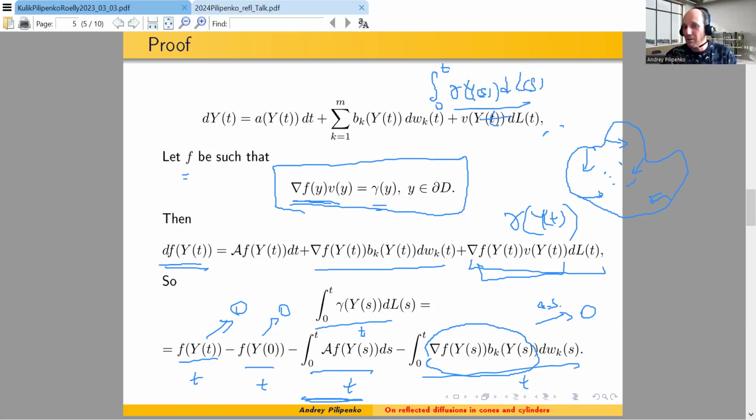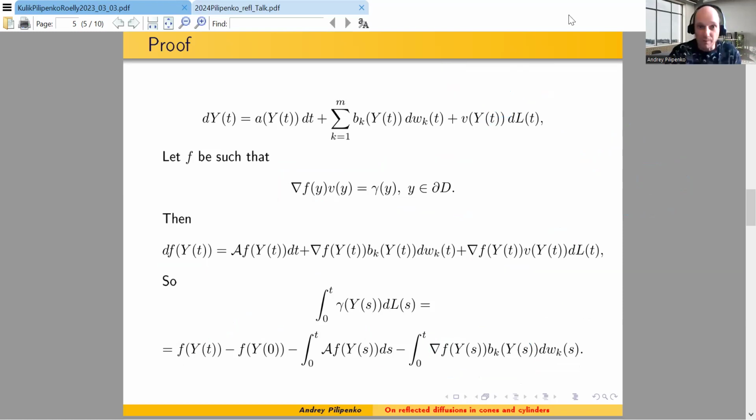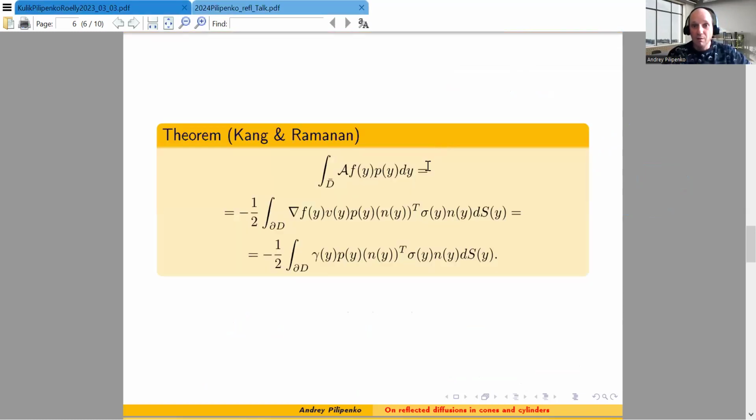And I can obtain the result in terms of this additional function f. I would like to obtain the result in terms of this vector, in terms of function gamma. Okay, the law of large numbers applied to A is this.